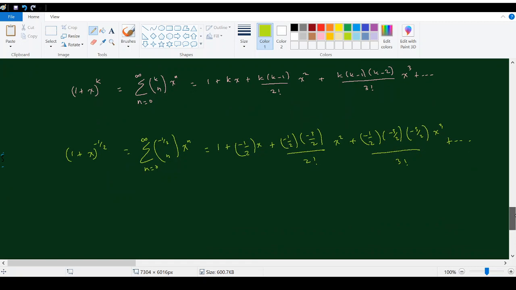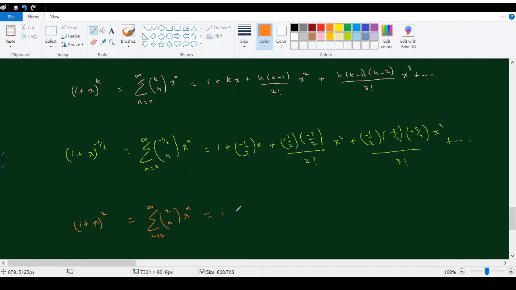But just observe, when you have an integer, say for example, if k is equal to 2, then once again you can write the binomial coefficient and the series expansion. But just see what will happen.